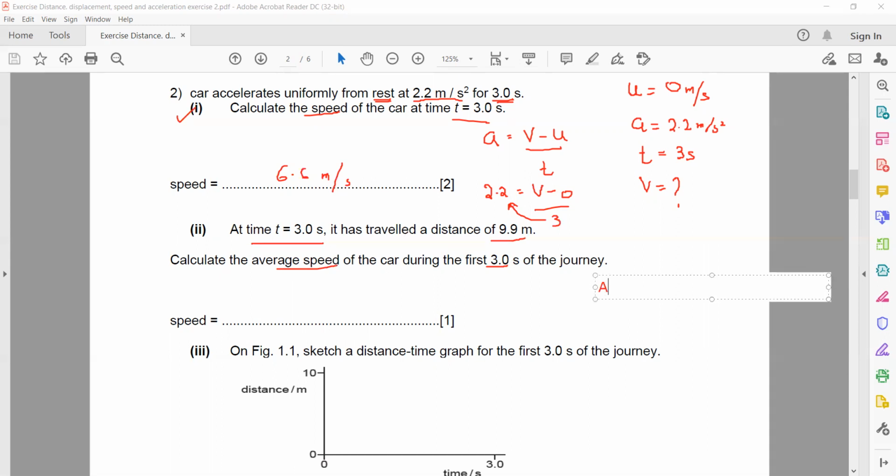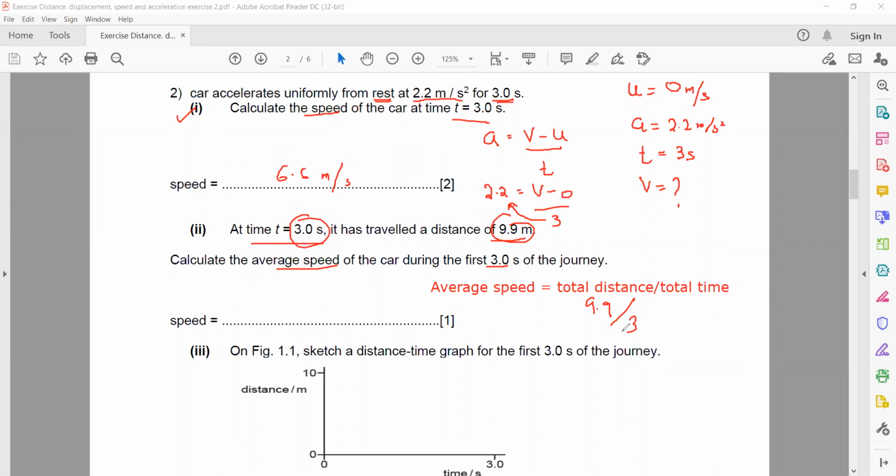The formula for average speed is equal to total distance divided by total time. That's the formula for average speed. So the total distance which this car covered is 9.9, as I mentioned here, divided by time 3 seconds.